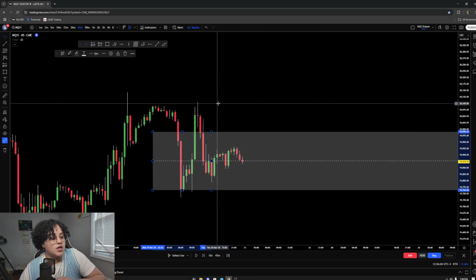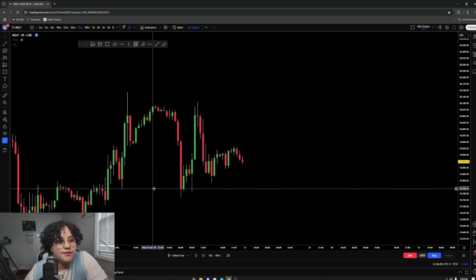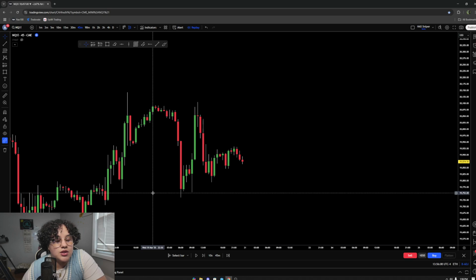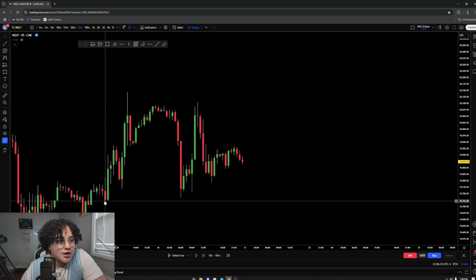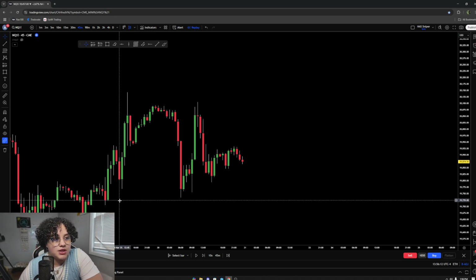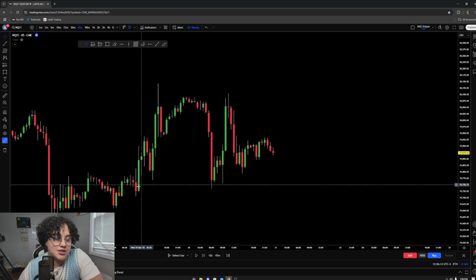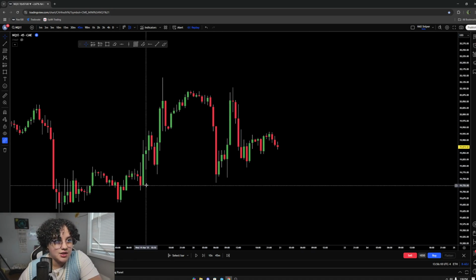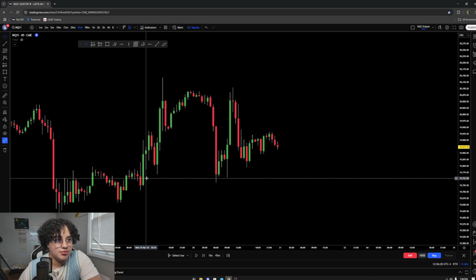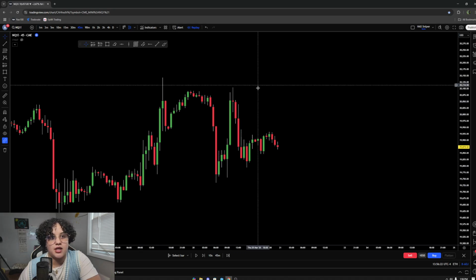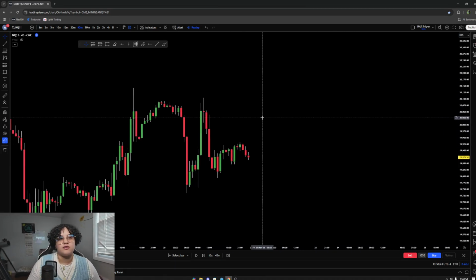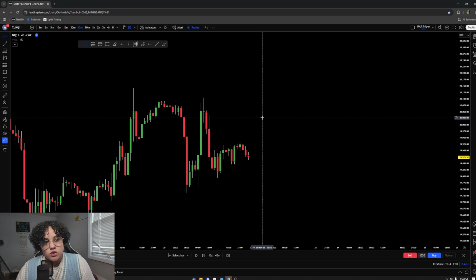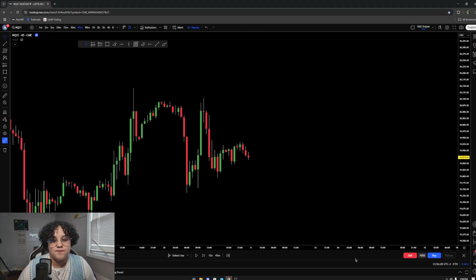So if you're ever questioning if a zone is supply and demand, a hint of that could be: has price tapped into that area, and how have we reacted towards it? Like right here, aggressive move up, price taps into this area and it moves up. So that's kind of a confirmation, but most of the time you're not going to have that, right?